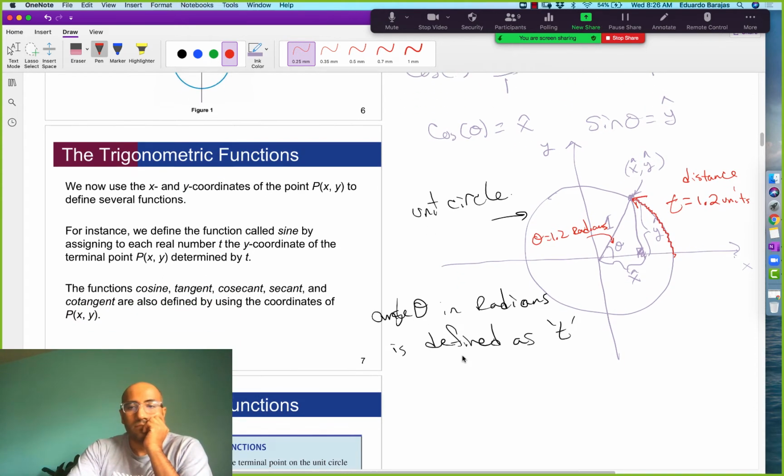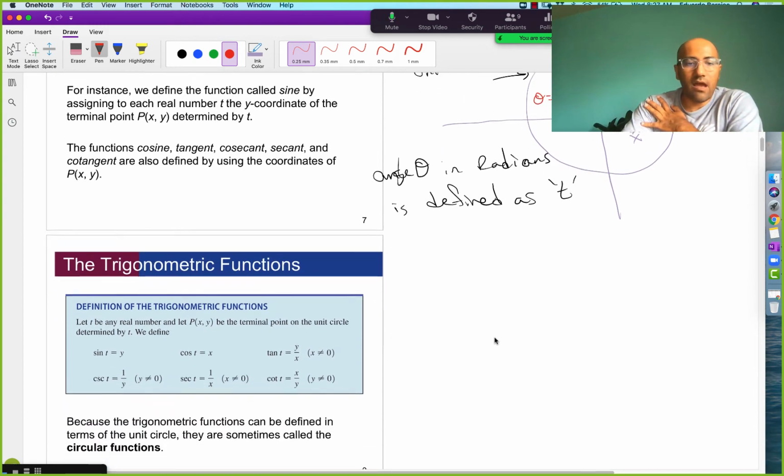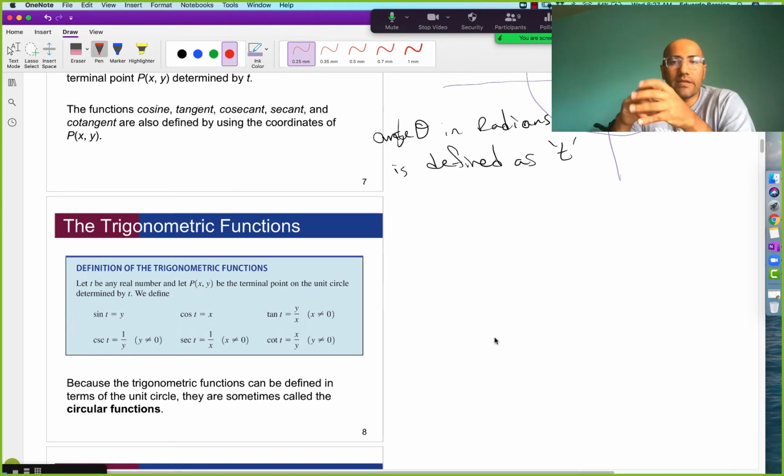No? Okay, so for that reason, we simply define the x-coordinate along the unit circle to be the cosine function of t, and the y-coordinate to be the sine value of t.